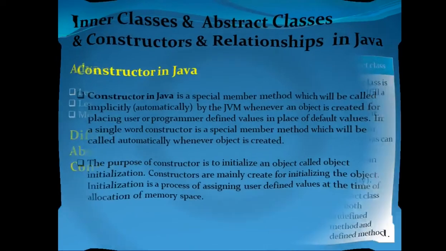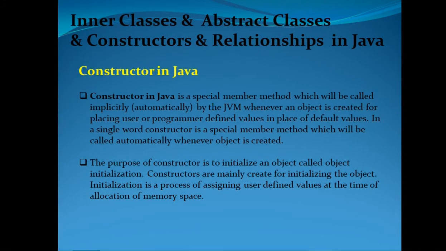Constructors in Java. This is the next topic we are going to discuss. A constructor in Java is a special member method which will be called implicitly or automatically by the JVM whenever an object is created, for placing user or programmer defined values in place of default values.